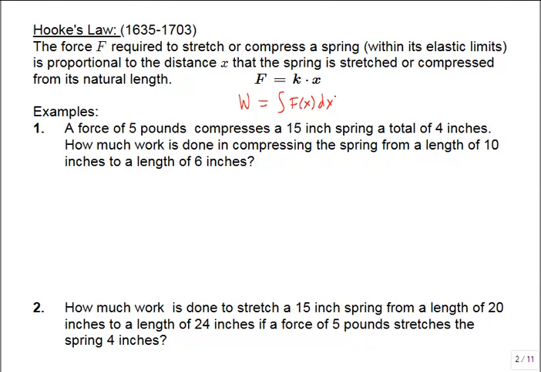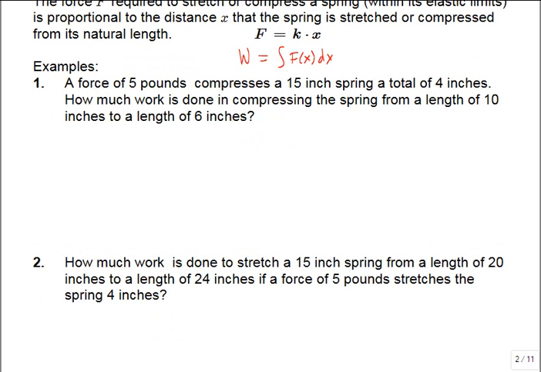Okay, so for example, suppose that a force of 5 pounds compresses a 15-inch spring a total of 4 inches. So right away, this is going to tell us what our constant of proportionality is for this particular spring. We know by Hooke's law that force is k times x. So how much force do we need to compress this spring?